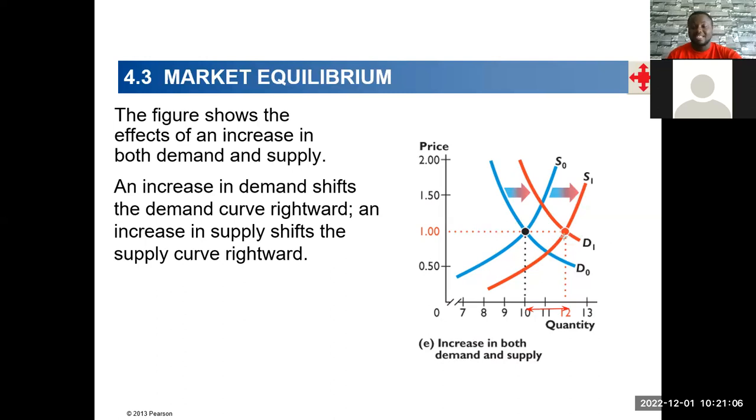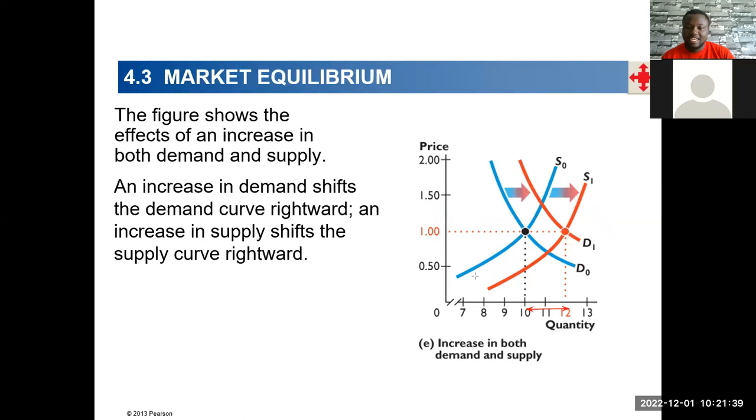Now, if you look at what we have done here, there's no change in price at all. Can you see that? There's no change in price, but there's an increase in quantity. What if demand increased up to this point? This would have been the new equilibrium price, and we would get an increase, right? What if the increase in demand was just here? This would have caused a decrease in price. Or let's even talk about supply.